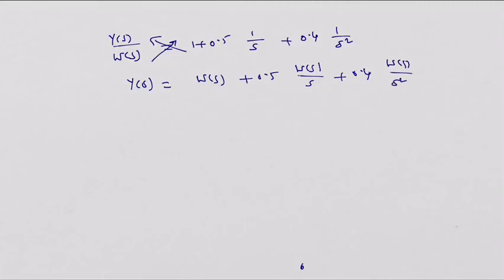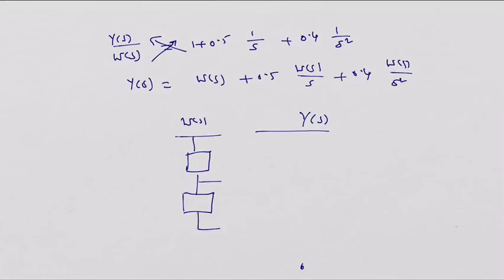So this expression can be written as Y(s) is the output term, W(s) is the input term, and you can notice that W(s) is to be passed through a minimum of two modules of 1/s, so that you will get W(s) by s in one part, and it is needed to be multiplied by 0.5.